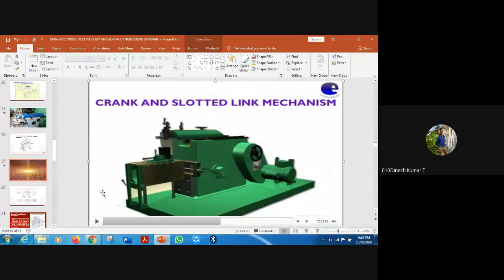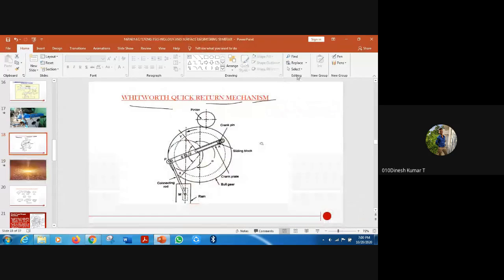In this video, you can completely understand the Whitworth quick return mechanism, in which the rotation motion of the crank plate is converted into a reciprocating motion using the connecting rod.